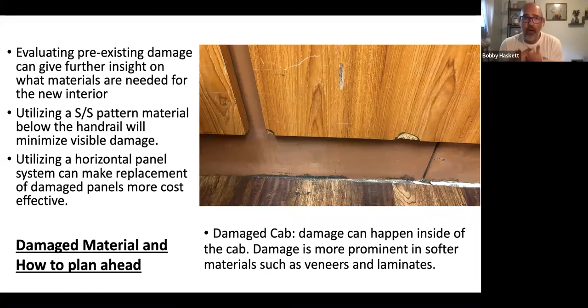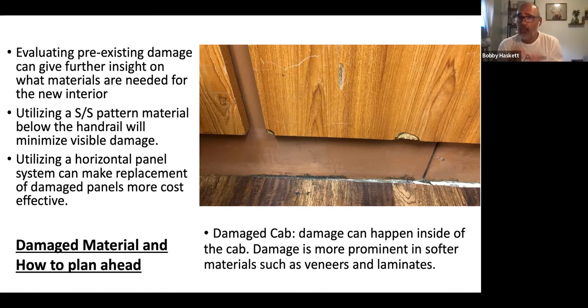We're really big on always utilizing a horizontal panel system. It can make the replacement process of your damaged panels much more cost efficient than if you're running a vertical system. If you're not sure of the cab construction, or the cab is very questionable, no matter what cab vendor you purchase your interior from, I would always recommend a horizontal system as the safest system you can use.